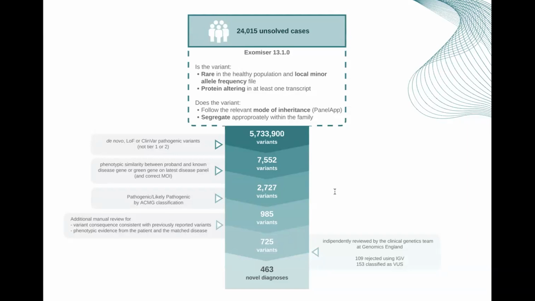We therefore filtered for the rare protein-coding segregating variants, and then we applied a conservative candidate selection procedure that ended up identifying 725 most likely diagnoses.